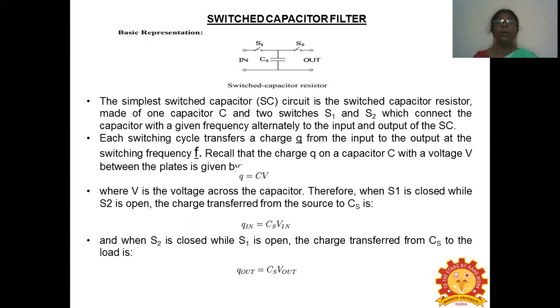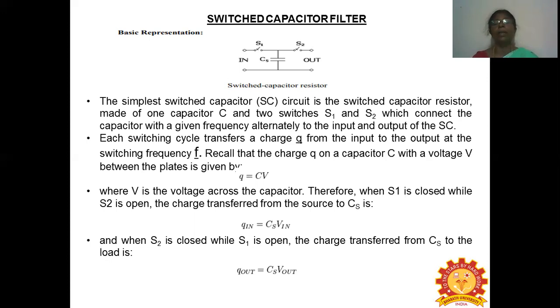The circuit is made up of a capacitor C and two switches S1 and S2, which connect the capacitor alternately, at a given frequency, to the input and output of the switched capacitor. So the capacitor connects through switches S1 and S2 to the input and output.